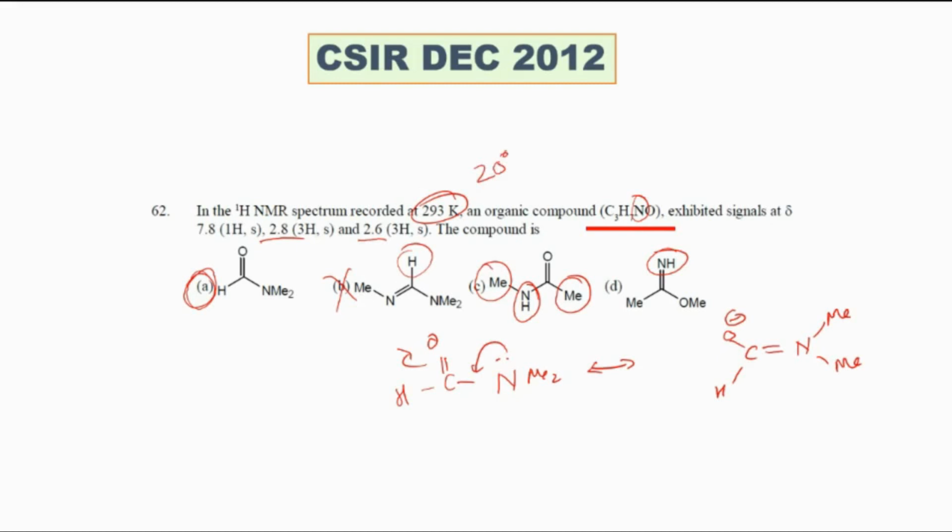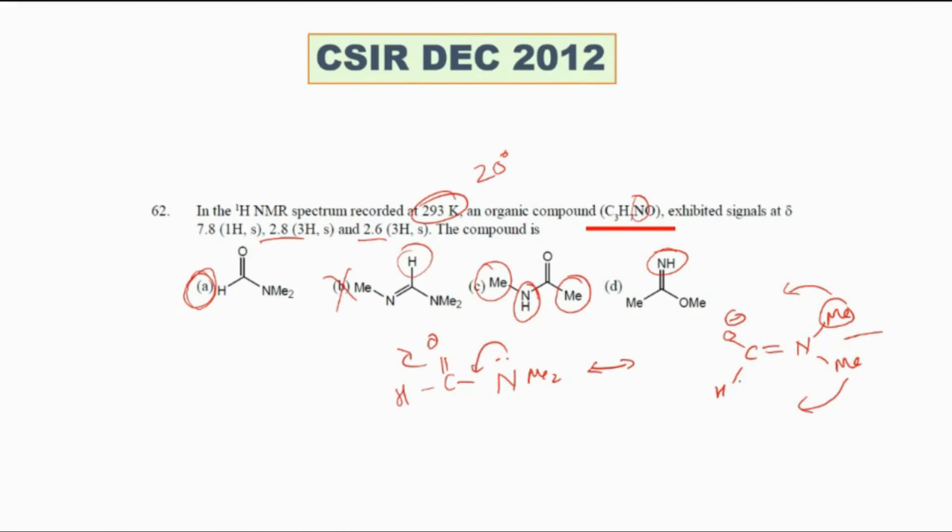At this particular temperature, a particular conformation can be rigidly, firmly fixed. Since you have these two methyls, they are chemically non-equivalent because I cannot cut the molecule into a plane. This methyl is on one side closer to O minus, this is closer to H. So they are chemically non-equivalent. That is why I have two signals here, for these two methyls.